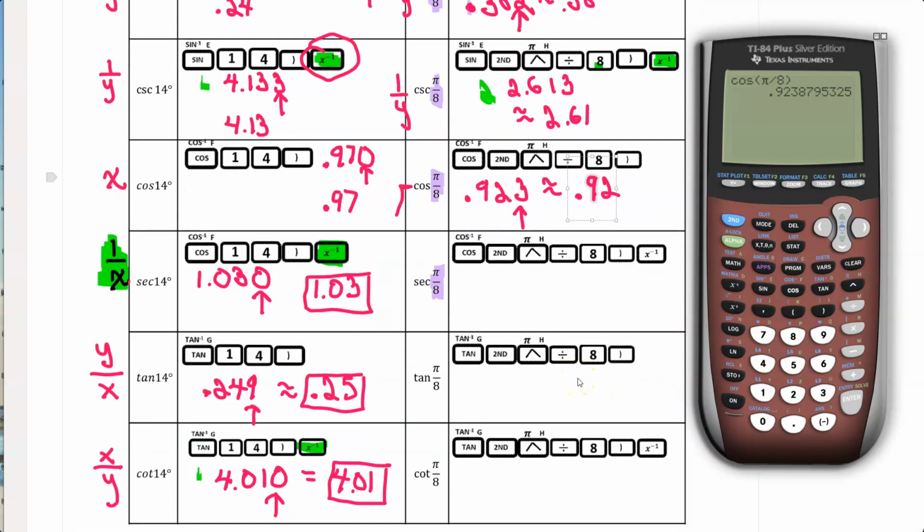To go from cosine to secant, I'm using the reciprocal button. So if you look here, the keystrokes are already the same, but at the end I just use reciprocal to get secant. 1.082. The 2 is less than 5, so this would round to 1.08.